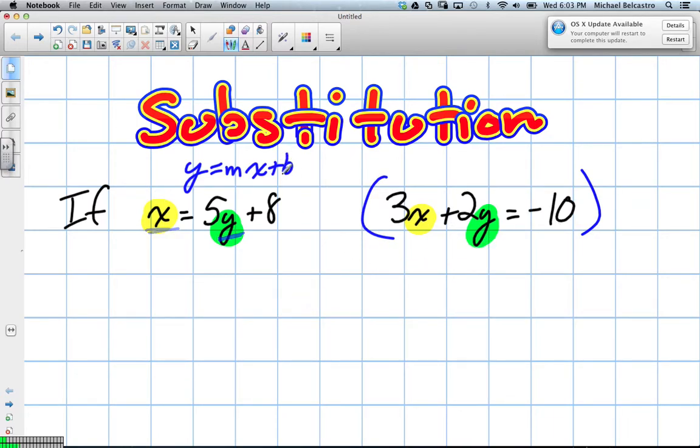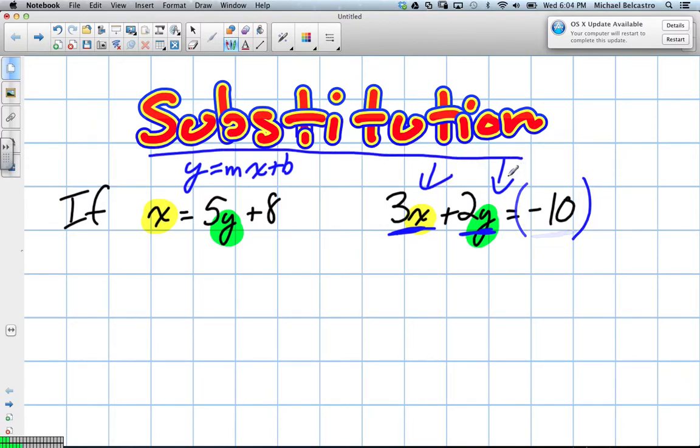And sometimes they tell you to substitute one into the other, but we really have a choice. We can choose to set an equation equal to a variable. Now, if we look at our second equation, it's not really set equal to just a variable by itself, right? It's set equal to -10 on one side. We'd have to manipulate the equation and set it equal to either y or x before we can get into our substitution.